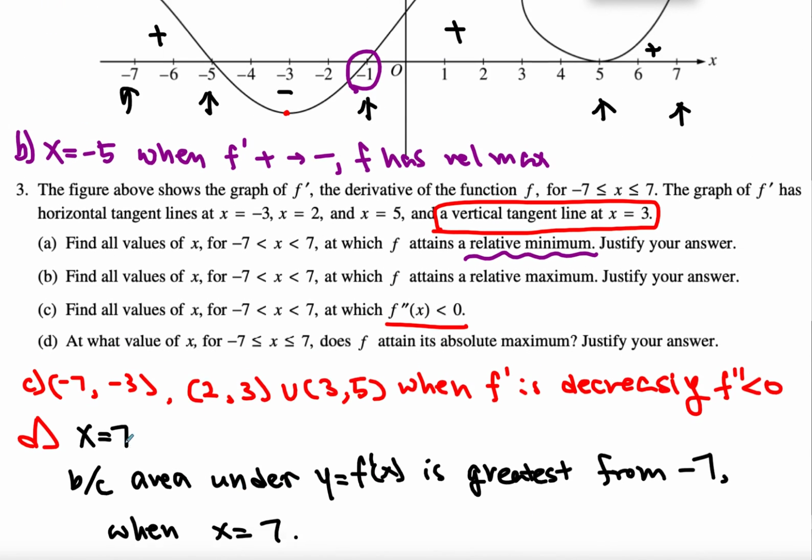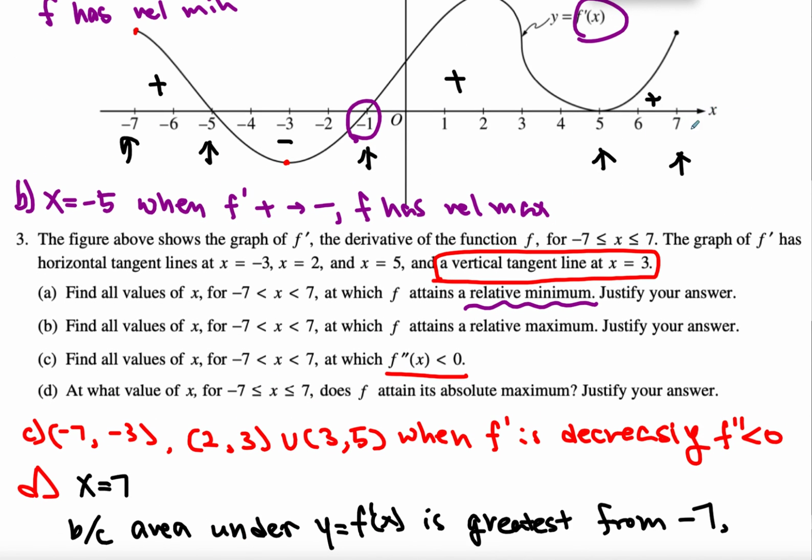That would be the reasoning why you will have the absolute maximum when x equals 7 here.